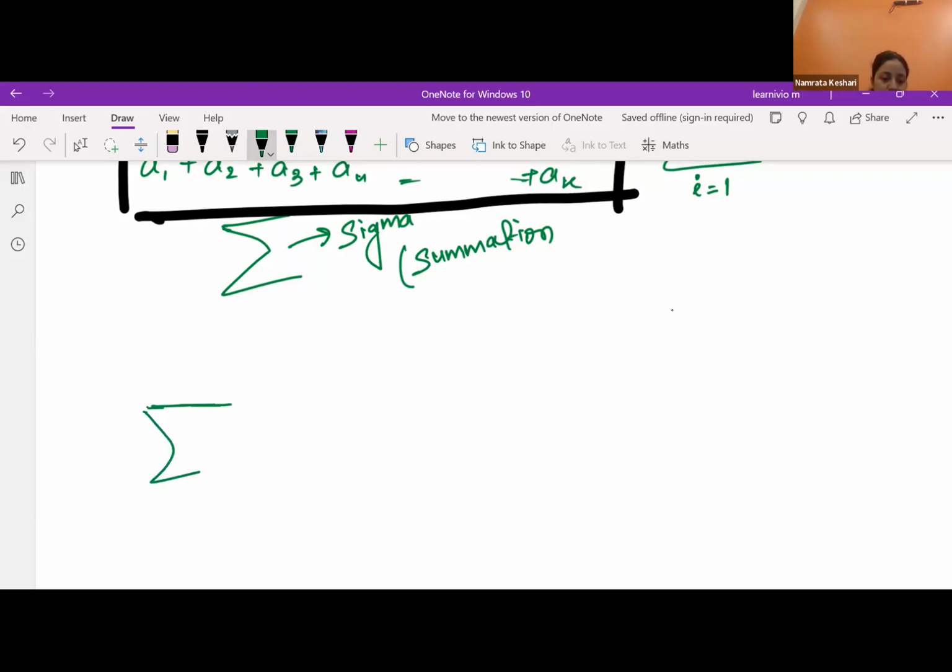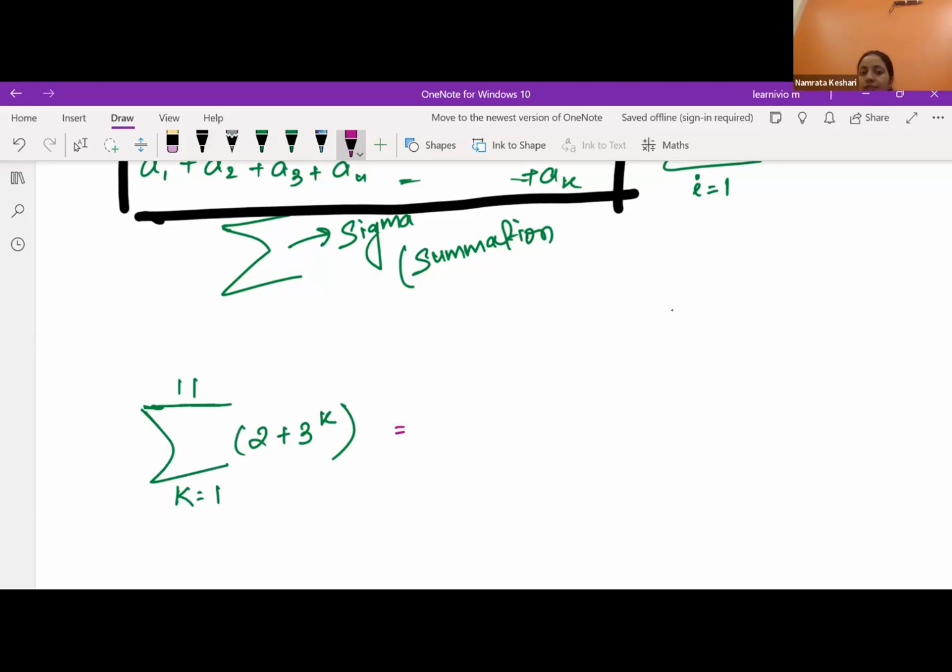Summation k is equals to 1 to 11, and the terms are 2 plus 3 to the power k. If we are having something like this, then we have to understand that here k will keep on increasing.